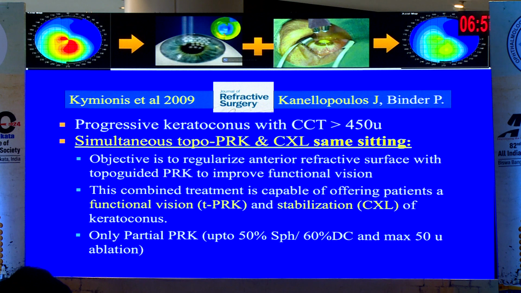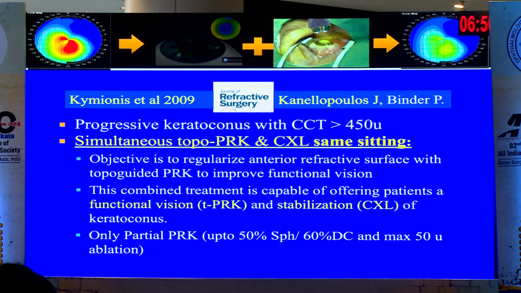So that we could address the irregular astigmatism, George Kymionis from our group and John Kanellopoulos from the other group published in the same issue of 2009 in JRS how you can combine a topography-guided treatment along with collagen cross-linkage, so that simultaneously you can give the patient not only stabilization but also improvement in their functional vision, especially if they are not contact lens tolerant.